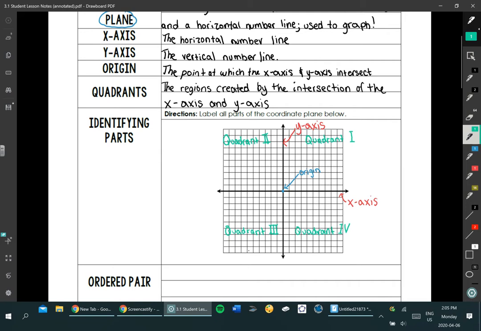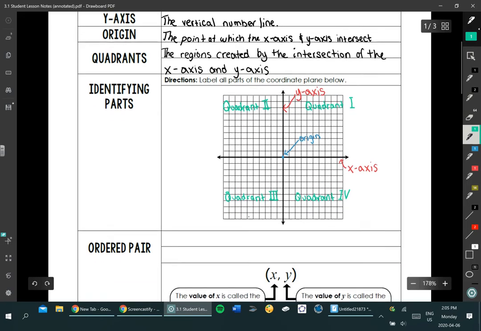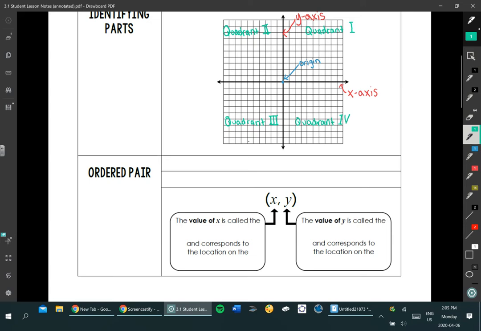Okay, well, we all know that this coordinate system is used for plotting points. So this brings us to our next term, which is called an ordered pair.